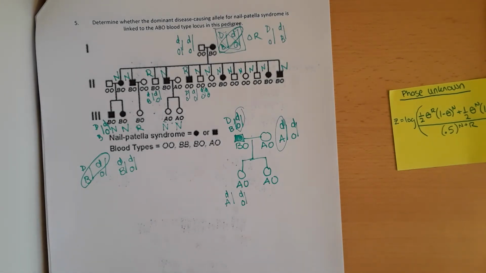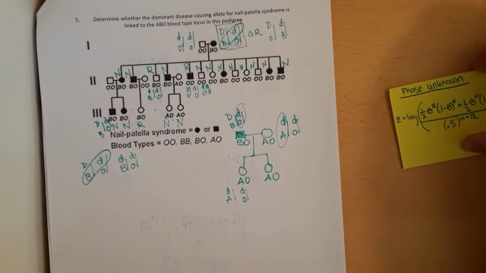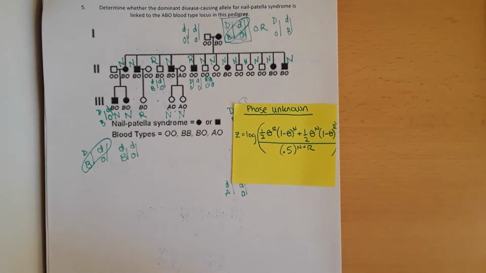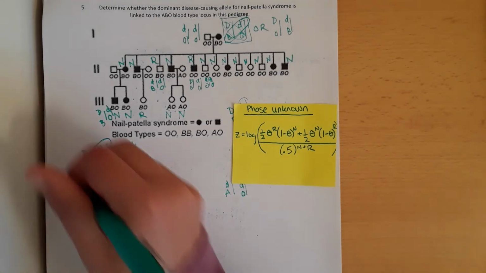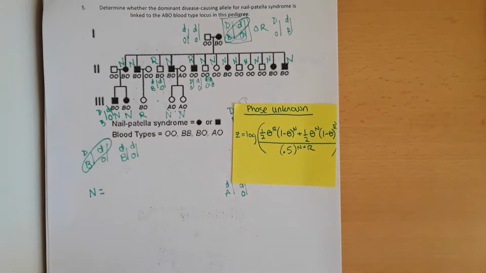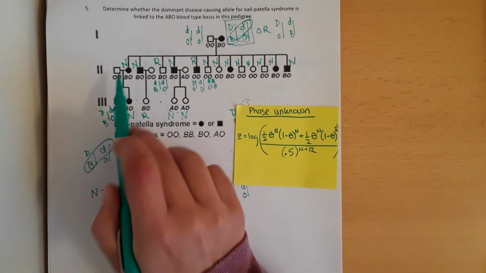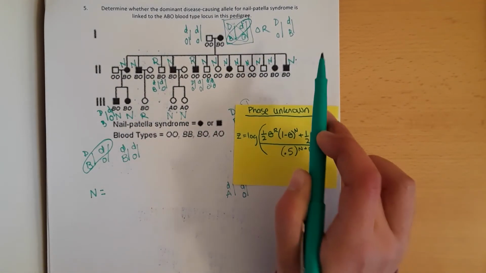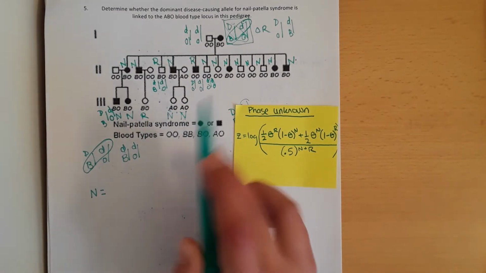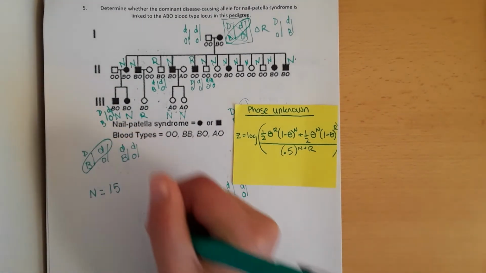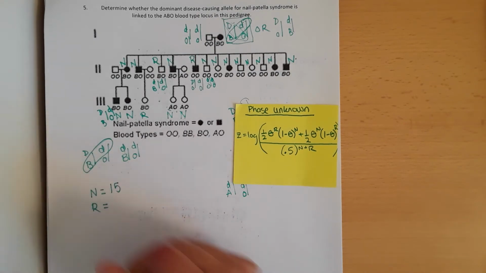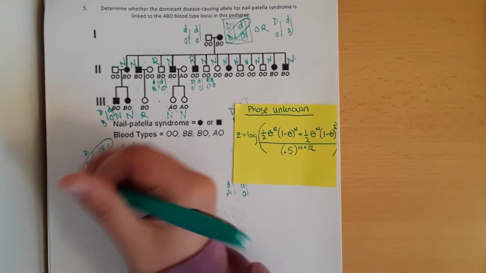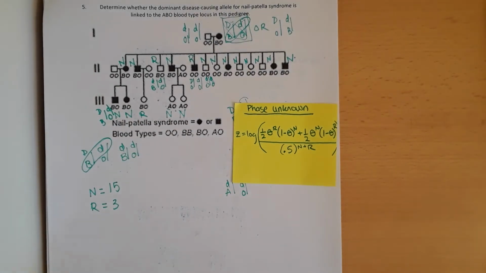So now that we have everything, we can begin to count and then plug into our formula. So let's see how many N's we have. 1, 2, 3, 4, 5, 6, 7, 8, 9, 10, 11, 12, 13, 14, 15. 15 N's. And then we have 1, 2, 3. 3 R's.